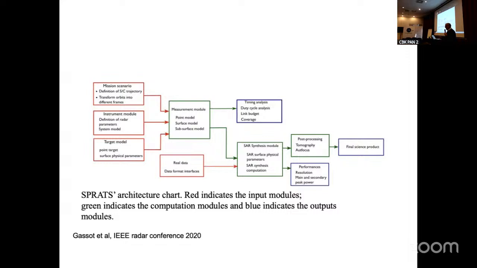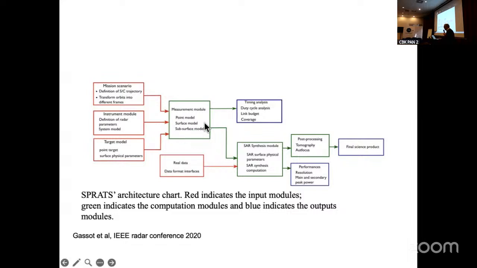This is the problem. Then we need to have an instrument module, which describes the signal processing inside the instrument. And the target model, what I said, the digital model of the terrain.